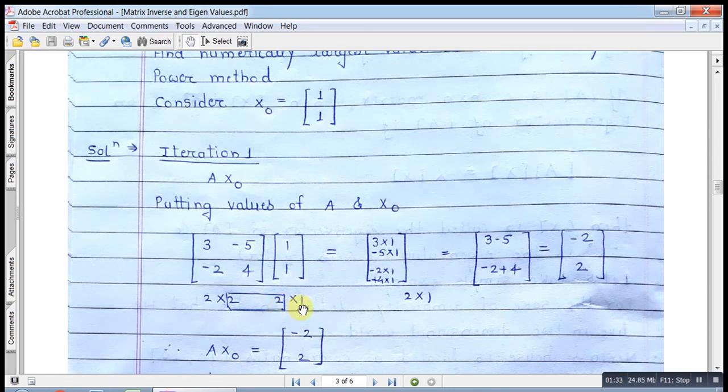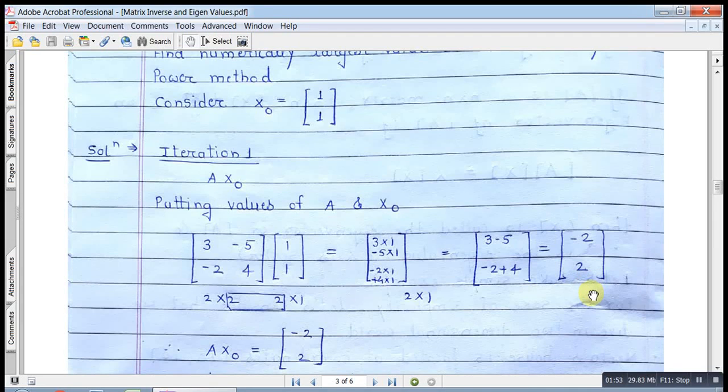So there is only one column but there are 2 rows. So we will consider 2 into 1 and get the answer as 2 into 1. Remember this because sometimes we get confused whether we will get the matrix as 2 into 1 or 2 into 2.